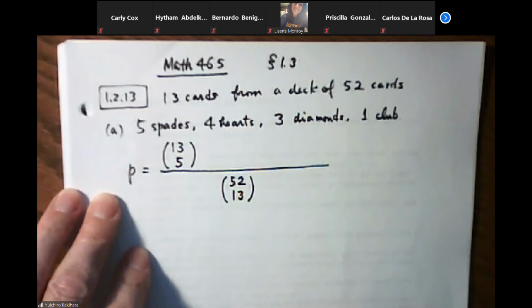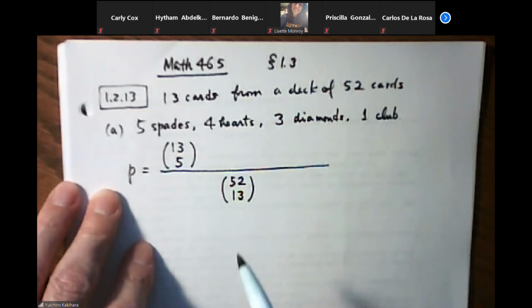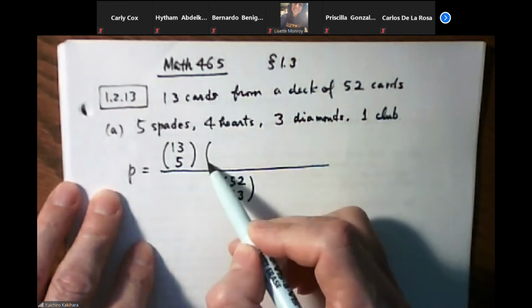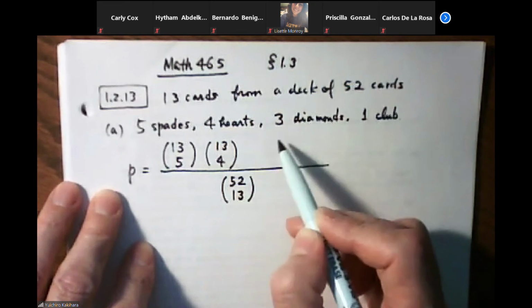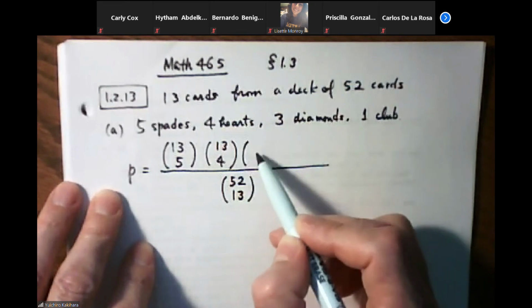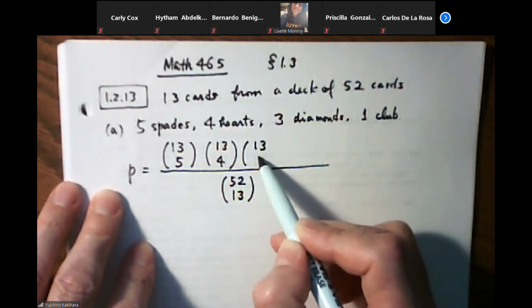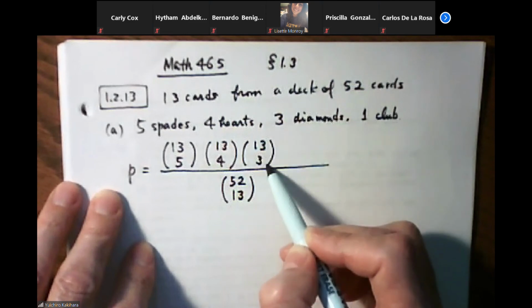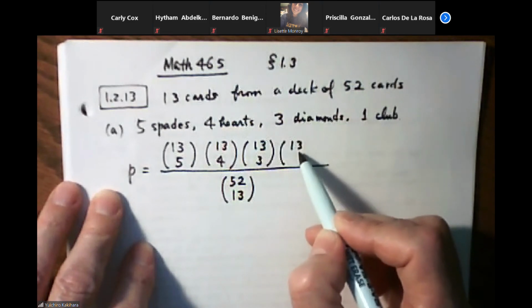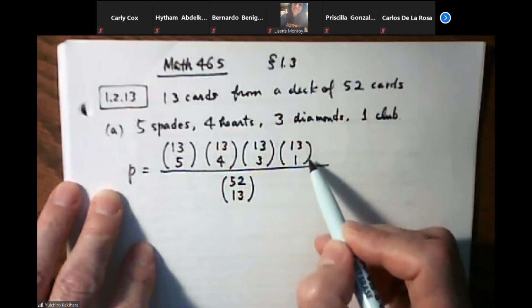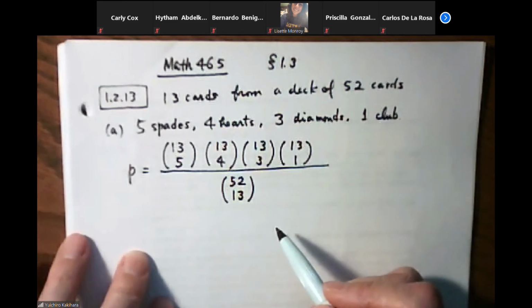Now, same thing for the hearts. Out of 13, we are choosing 4 hearts. Out of 13 diamonds, we are choosing 3, 13 choose 3. Now the last one is a club. Out of 13, we are choosing 1. Of course, this is 13. So this many ways.